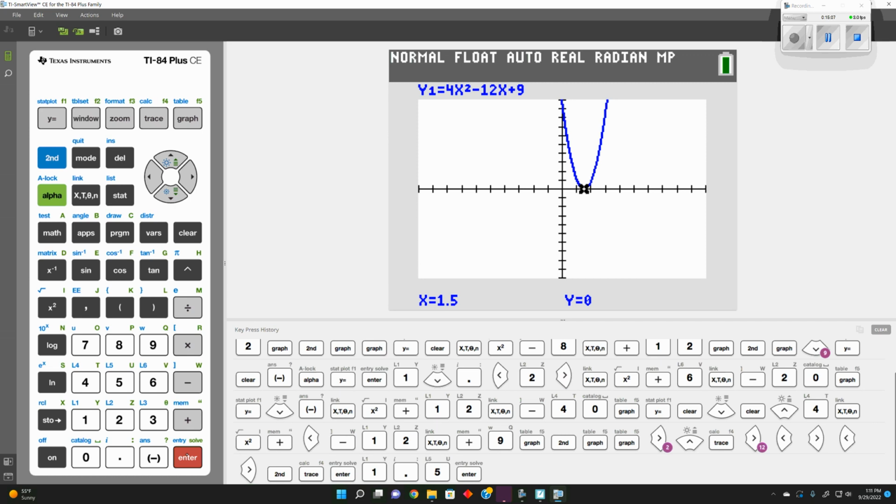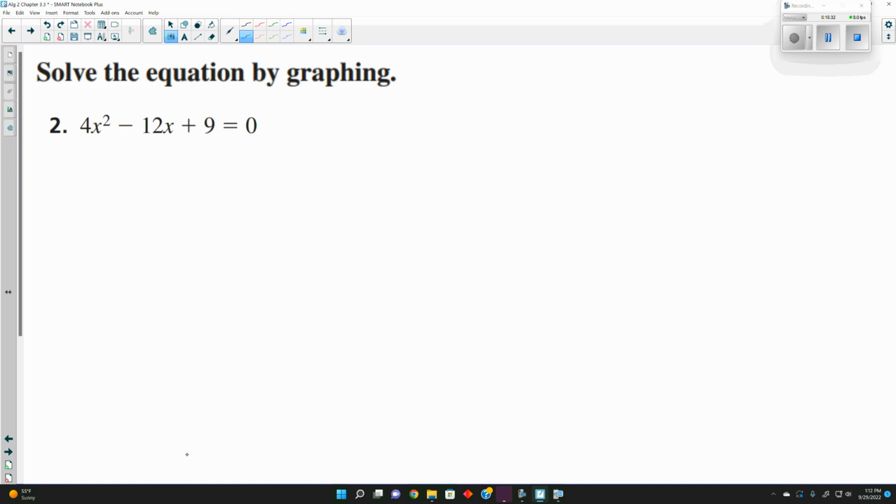This works nice here, but if we start getting irrational numbers, say the square root of 3, which is not a nice number, it's going to be very difficult to get on the graphing calculator. Especially with those kinds of values, we'd have to almost know the approximation of the square root of 3 to get there. Does that make sense?